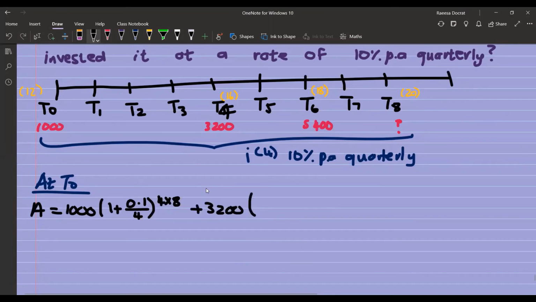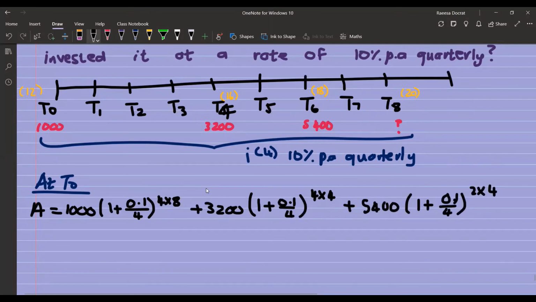That would be in for 4 years, so 1 plus 0.1 over 4 to the power of 4 times 4, plus 5,400 would have been in for 2 years, so 1 plus 0.1 over 4 to the power of 2 times 4. Again, we can simplify this if you'd like, or you could type it into your calculator as is. It's up to you really.